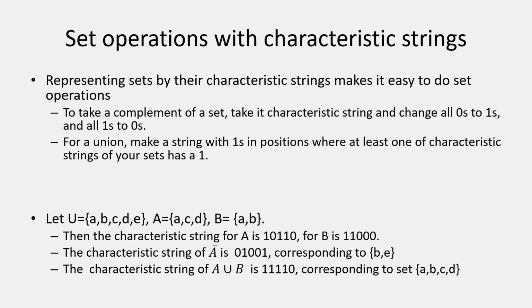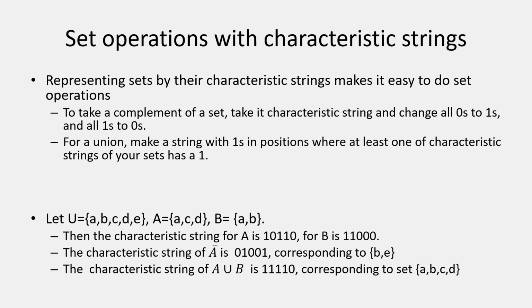For the union, if we take a union of, say, 2 or more sets, we take their characteristic strings, and for every position we check whether at least one string has a 1 in this position. So for example, if we have A and B, both of them have 1 in the first position, so we make our characteristic string of their union a 1. For the second position, B has a 1, so our new string has a 1 again.